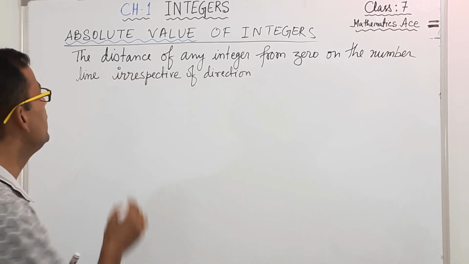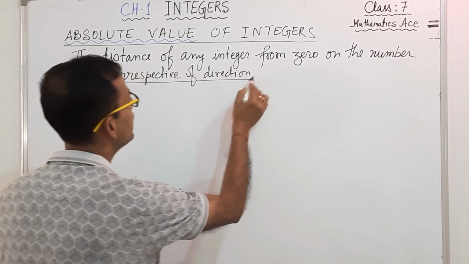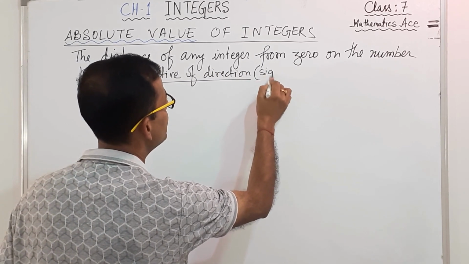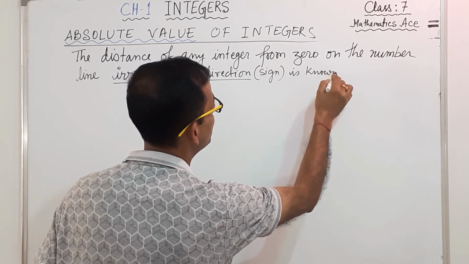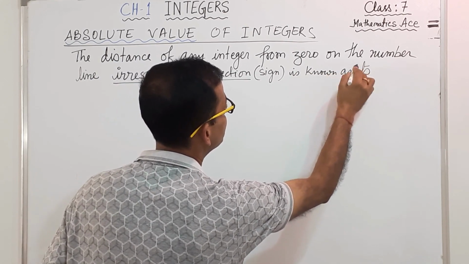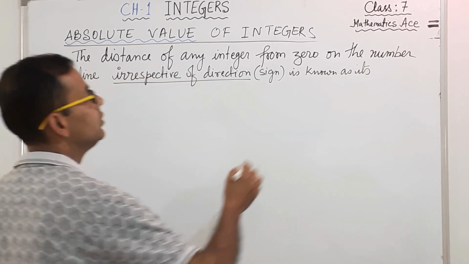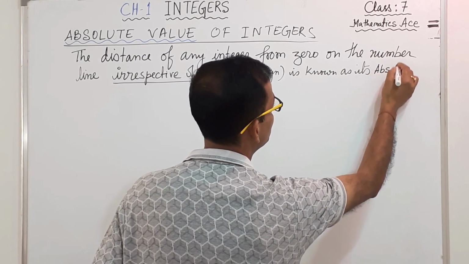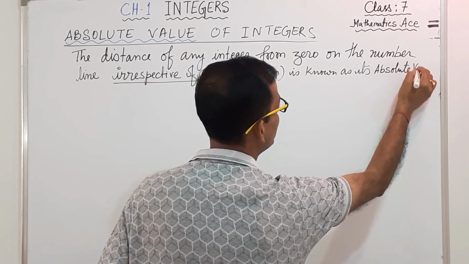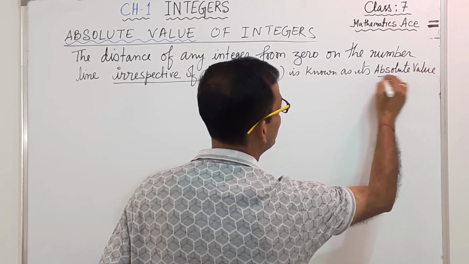Now, what does this mean? Irrespective of direction means the sign is not considered. That is known as its absolute value.